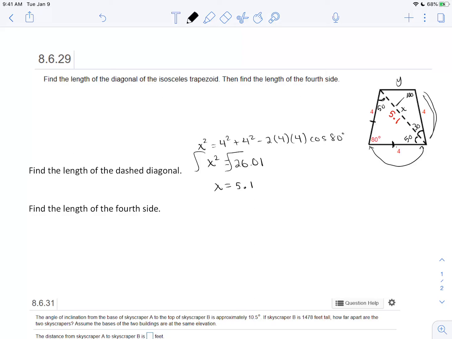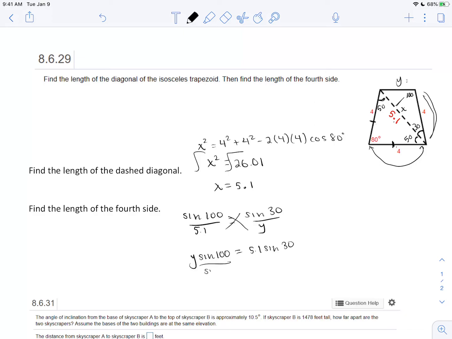Well, I have an angle and a side opposite. An angle, I need to find this extra side opposite. So I'm going to use law of sines, and I'm going to say sine of 100 over 5.1 equals sine of 30 over y. Okay, let's cross multiply here. And I get y sine 100 equals 5.1 sine 30.